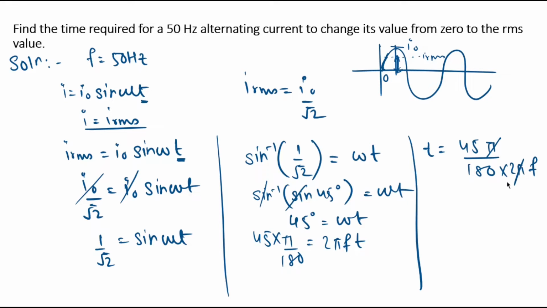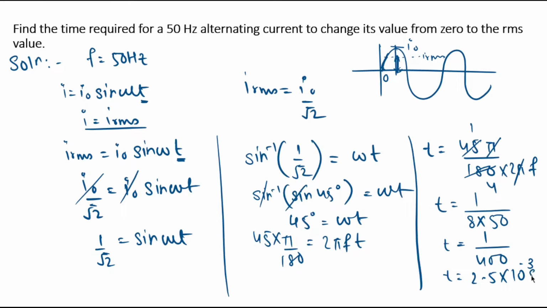So pi gets cancelled, and 45 ones are 45, fours are, and 4 twos are 8. So t can be written as 1 by 8 into frequency, which is 50 Hertz, and 8 into 50 is 400, so 1 by 400. Solving this, we get t equal to 2.5 into 10 raised to minus 3 seconds.